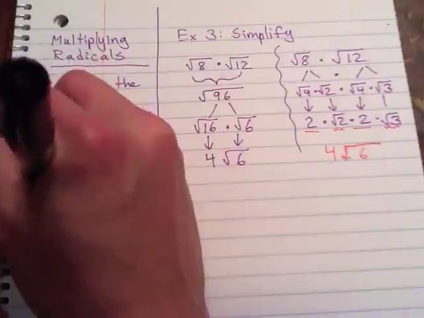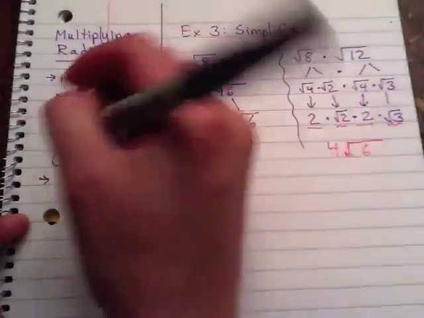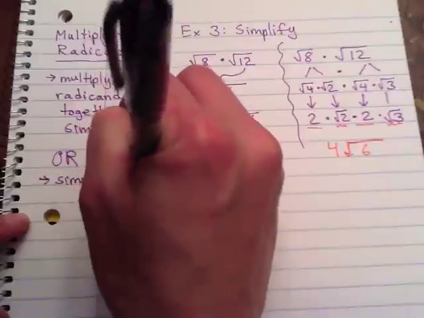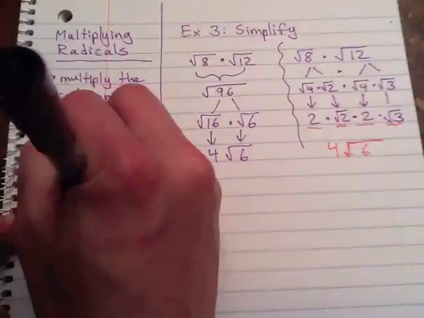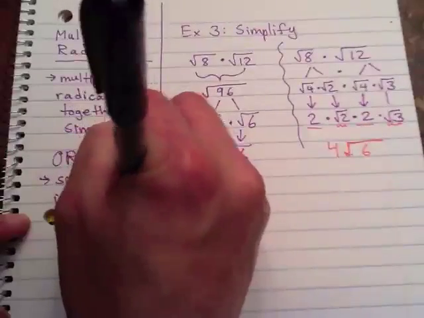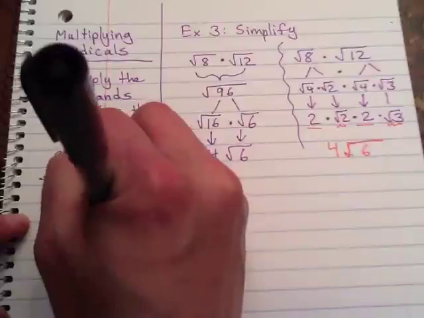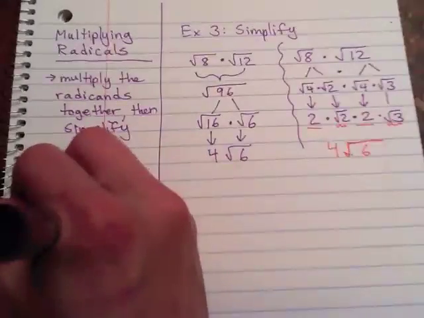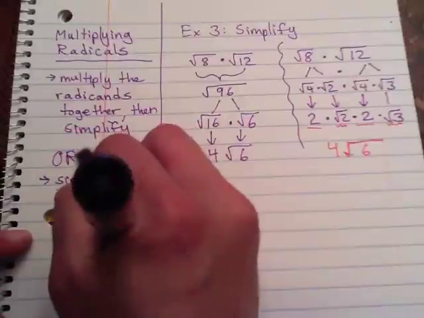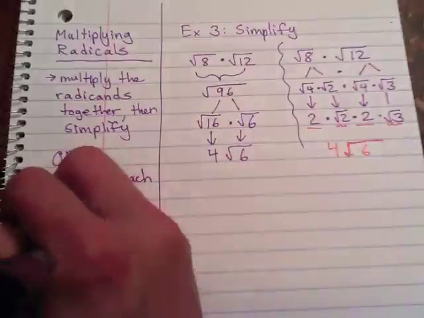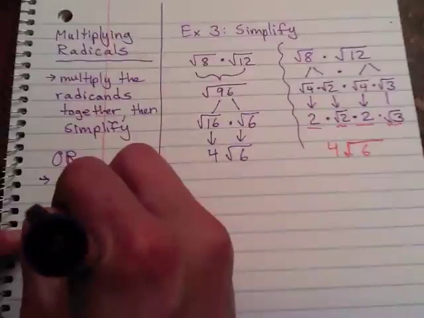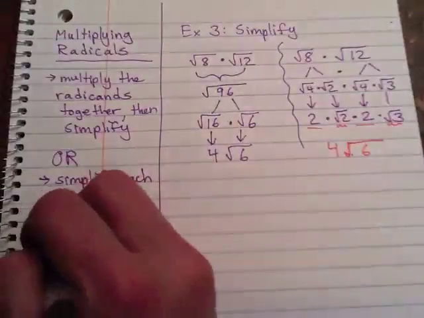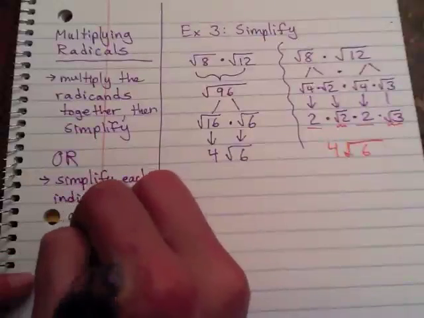Or simplify each individually and look for perfect square radicands or matching pairs.